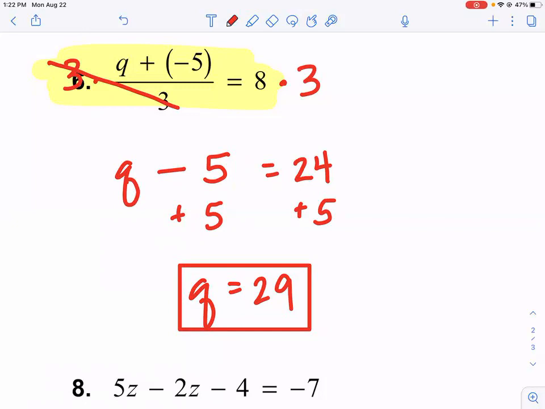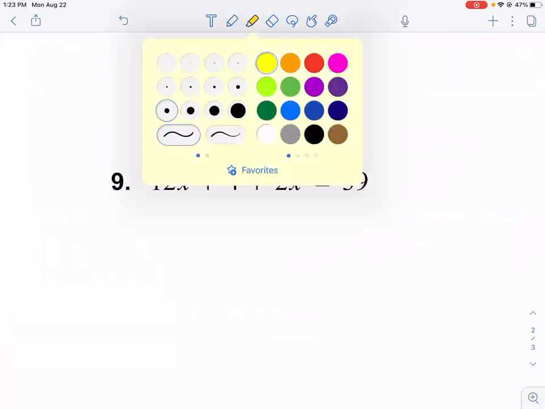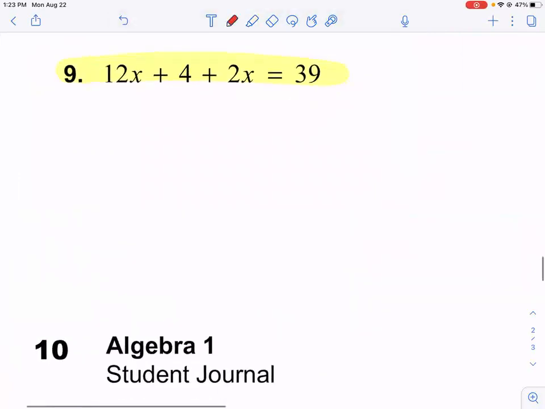Okay. Now let's do some work with some combined like terms. We haven't gotten to do that yet. So we're going to scroll down to number 9. That's our next one. And I want you to look at number 9, and I want you to focus on that left side.